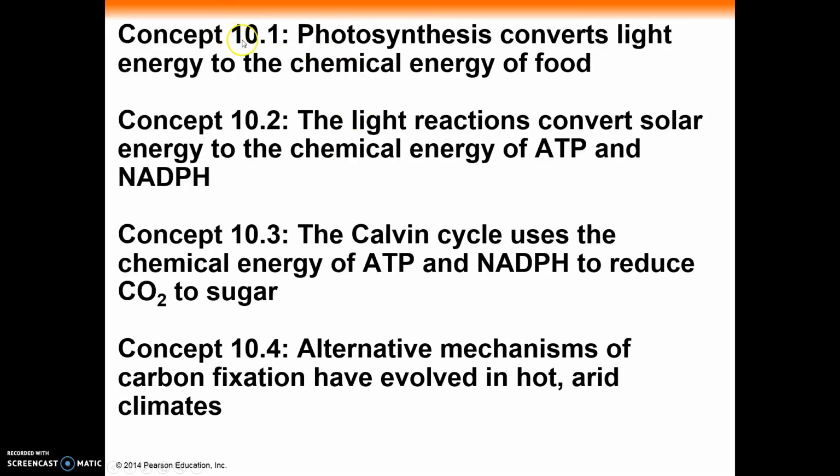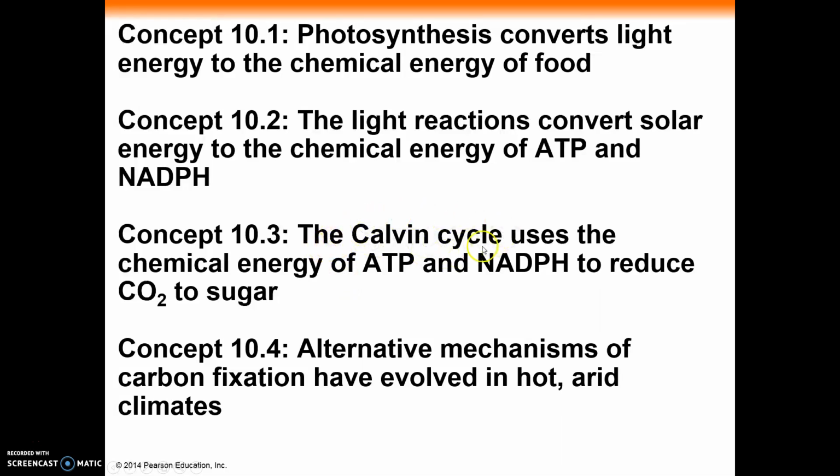Okay, so we have concept 10.1: photosynthesis converts light energy into chemical energy of food. Point two, the light reactions convert solar energy to the chemical energy of ATP and NADPH. This is very similar to NAD that we've seen before. It just has a phosphate group.